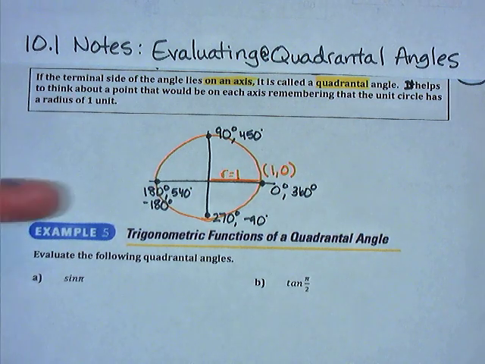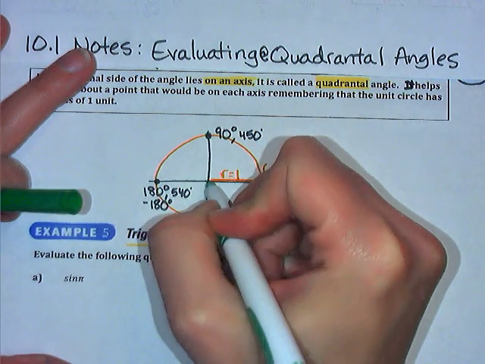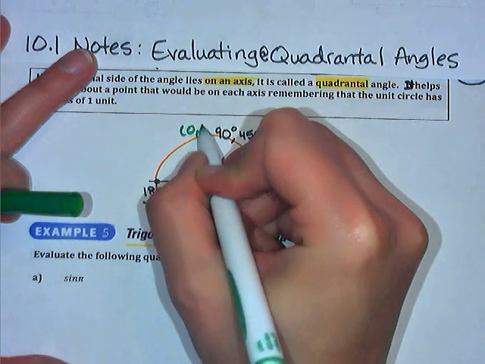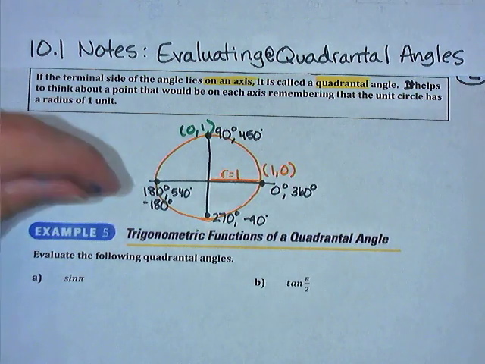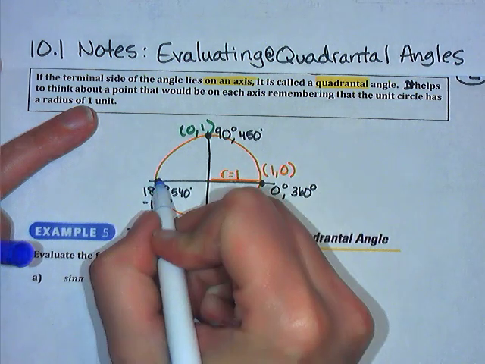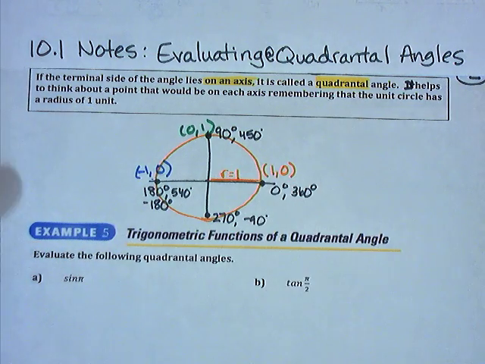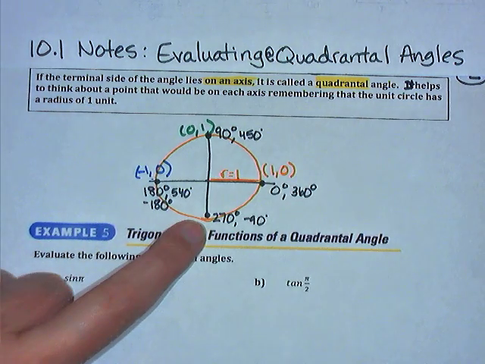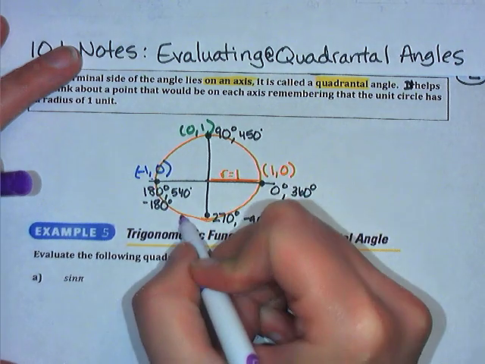I'm going right and then nowhere. A point up here would be 0, 1. Going nowhere and then going up. Here would be left, negative 1, 0. Down here, nowhere, 0, negative 1.